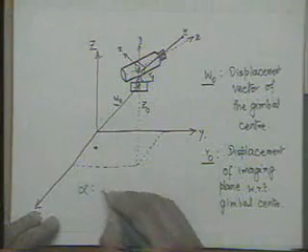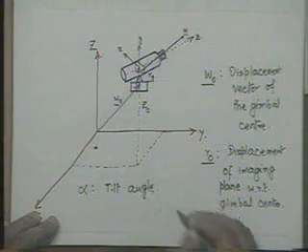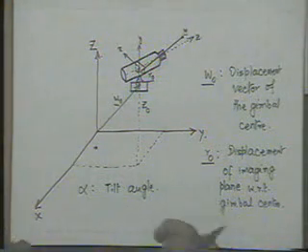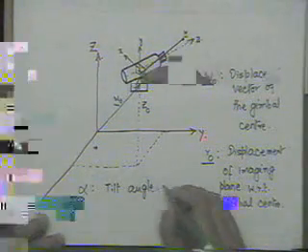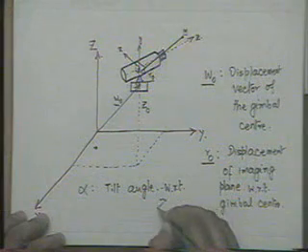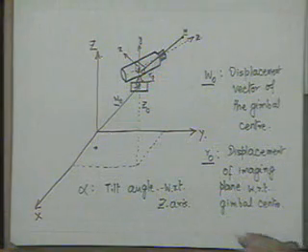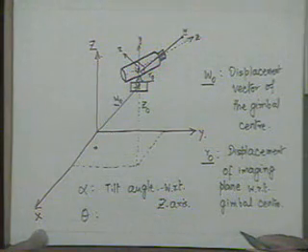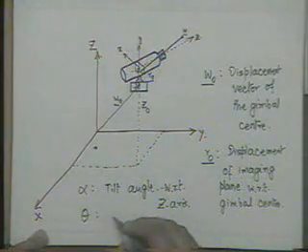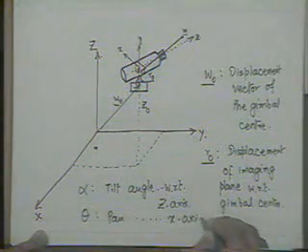We are assuming that alpha is the tilt angle, and this tilt angle is defined with respect to the z-axis. The pan is given by the angle theta, and this is defined with respect to the x-axis.